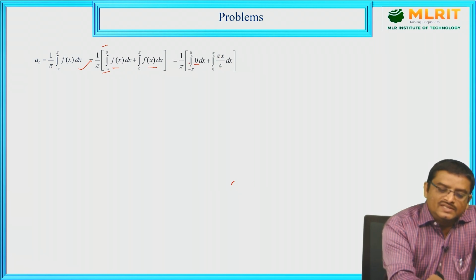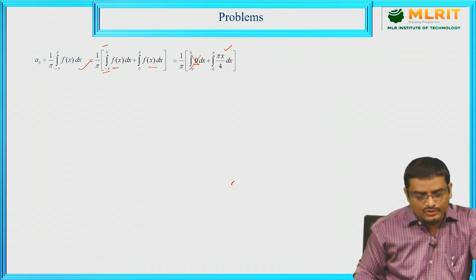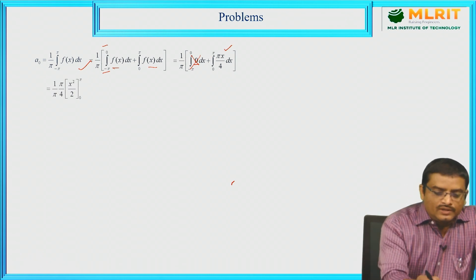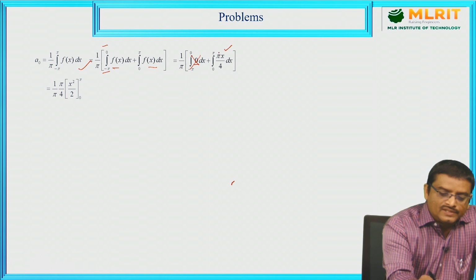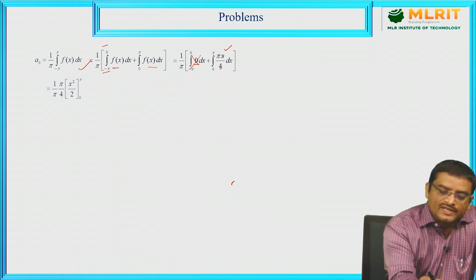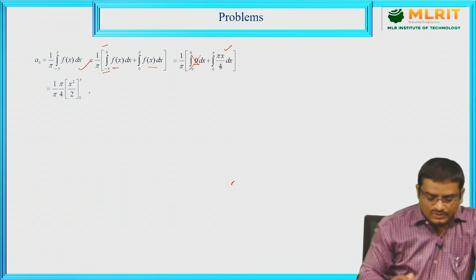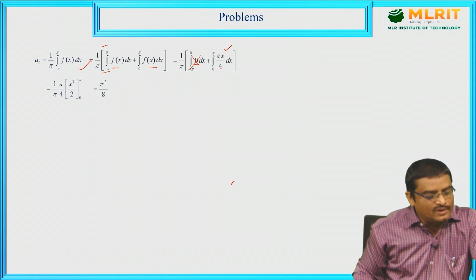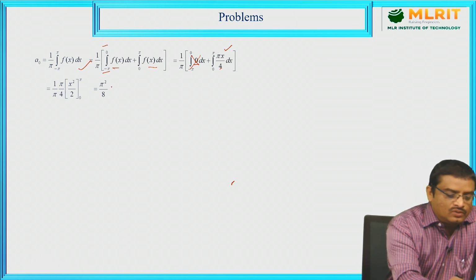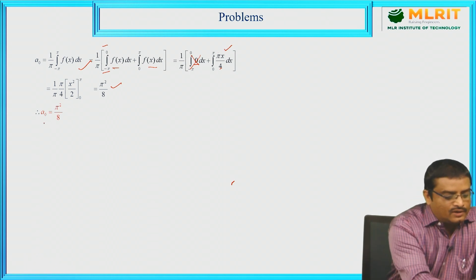Since inside the integration we are having 0, this integral value becomes 0, so we can neglect this and concentrate only on the second integral whose limits are 0 to pi. So here 1 by pi, pi is constant and the denominator 4 is constant, so take pi by 4. The remaining one is integral of x dx, that can be written as x squared by 2. Now substitute the upper limit and lower limit here. You will get this value equal to pi square by 8. So that is the value of a naught here.